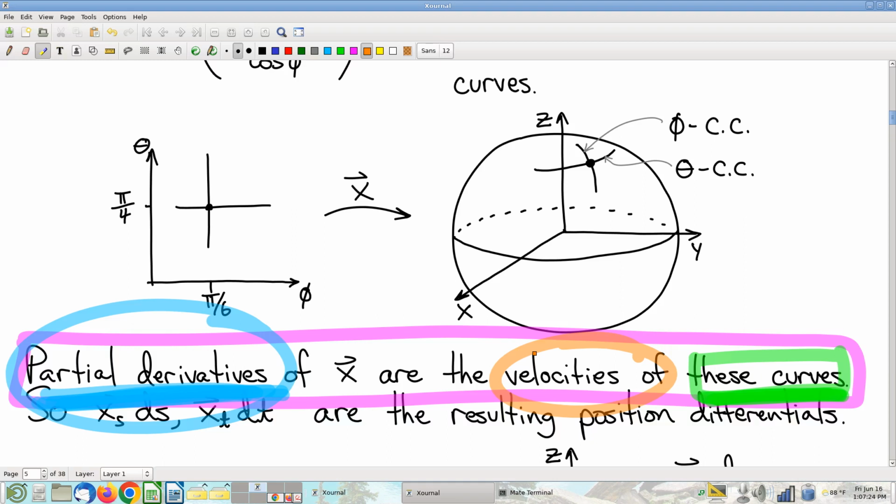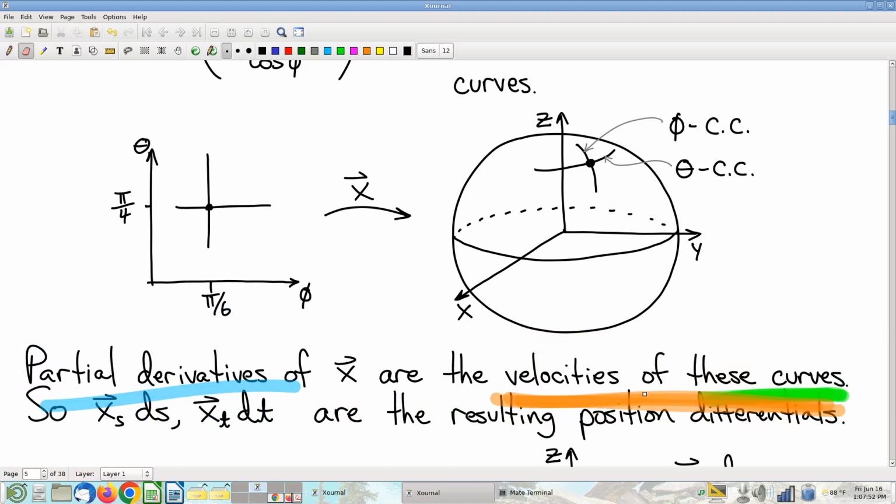But taking a partial derivative of a 2-parameter parameterization is the exact same as taking the velocity of the 1-parameter parameterization that results from holding the other one constant. Again, it's the same words ordered maybe a little differently. Does everybody buy it?